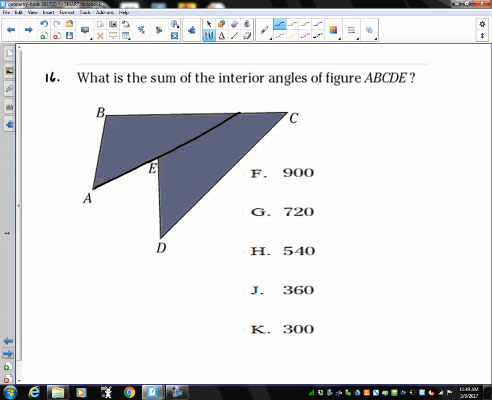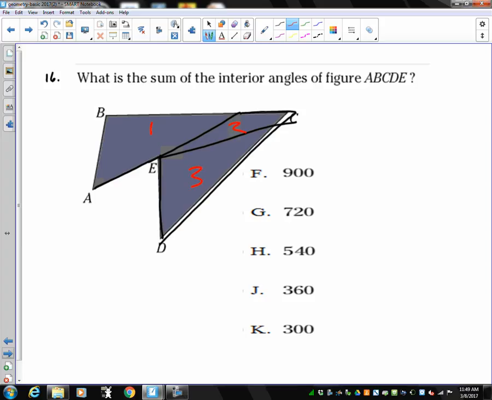It's not exactly a trapezoid, but sort of a trapezoid. I'll break it up into two triangles. So what I have now is 1, 2, 3 triangles.